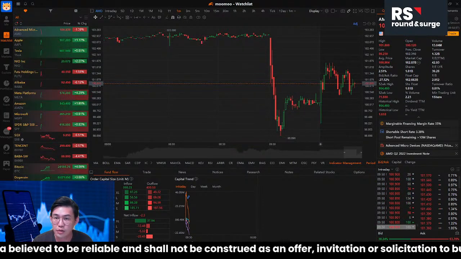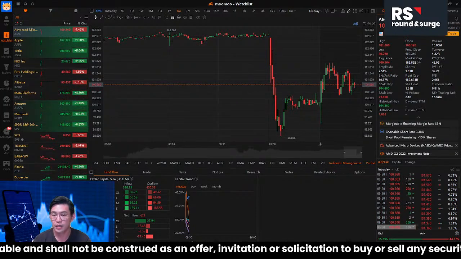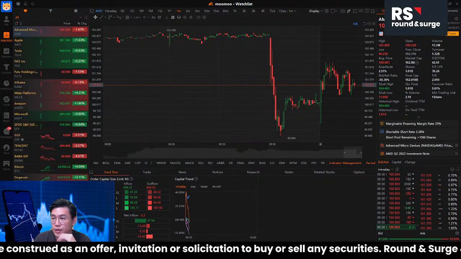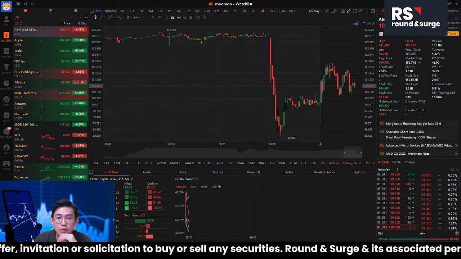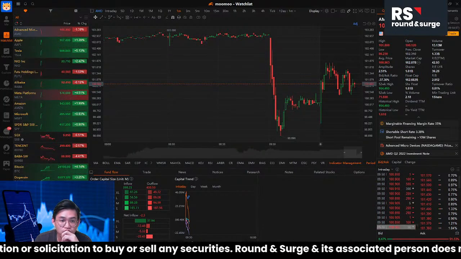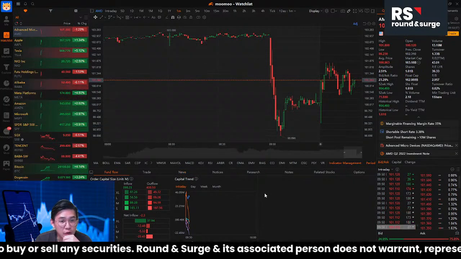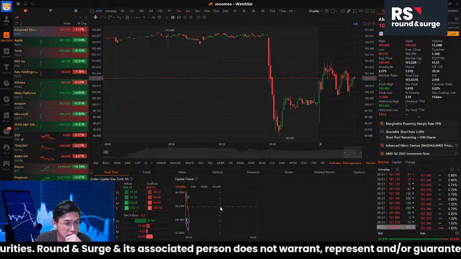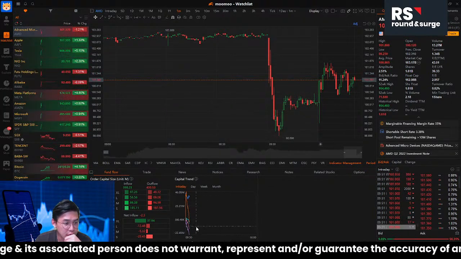I need to ask them and see what is the reason why I cannot do short selling for this paper trading. So we are still looking at AMD, because the net outflow is still quite a lot.